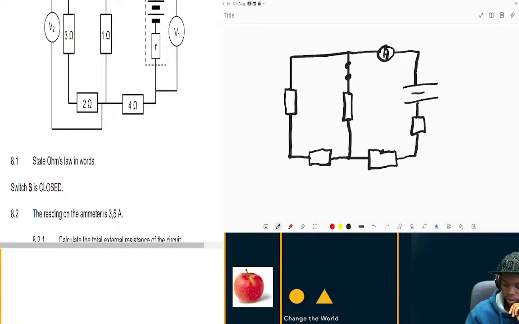Here we have 3 ohms, 2 ohms, 4 ohms, 1 ohm, and here we have R. We're not told what the resistance is here, but we have R.